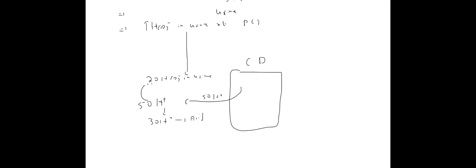bicarb concentration. Now, there's one other scenario where you get more bicarbonate in the urine. Suppose your bicarbonate in the urine goes to 80 molecules. And here at the collecting duct, you also have 80 molecules of bicarb. But the maximum capacity of the collecting duct is what?